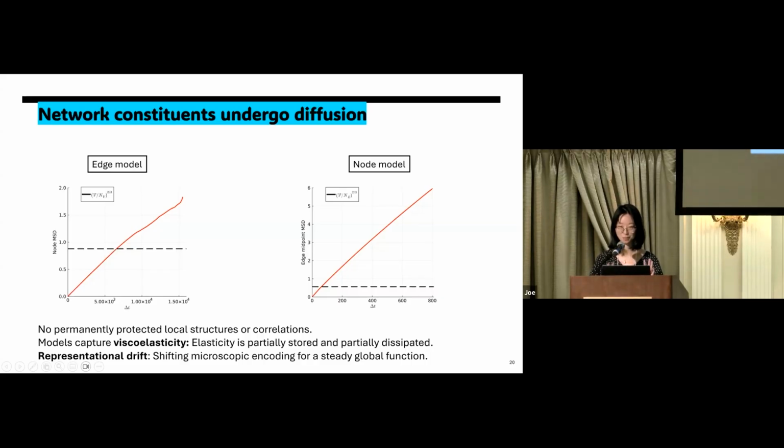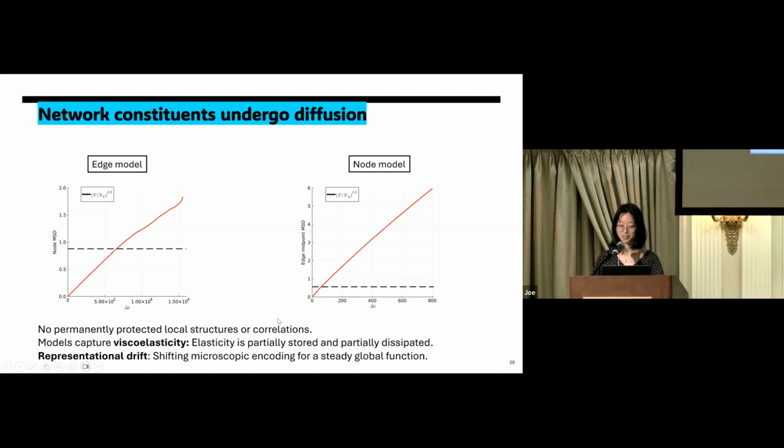It means if you poke the network, then you feel a resistance. The network is elastic, but also the edges and nodes are undergoing diffusion, as shown by the linearly increasing mean square displacement. So the network constituents are also diffusing as if in a liquid. So we have both elasticity and viscosity.